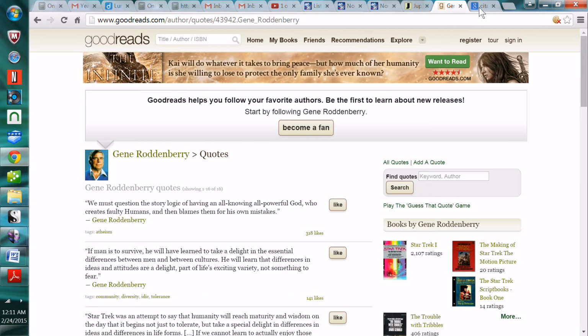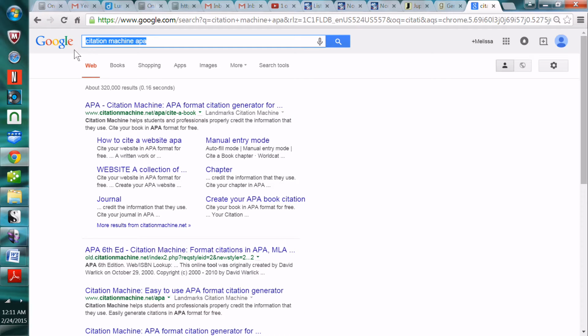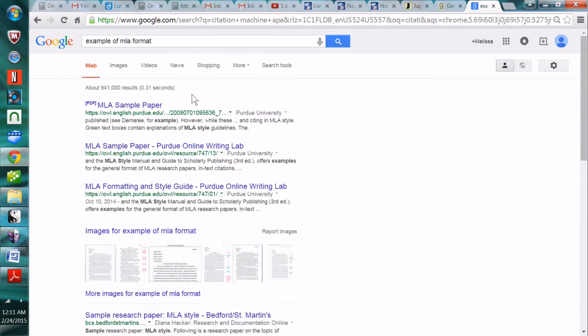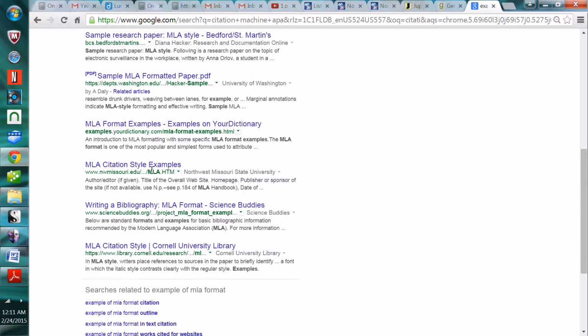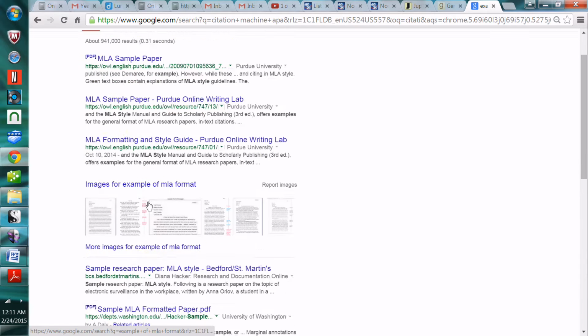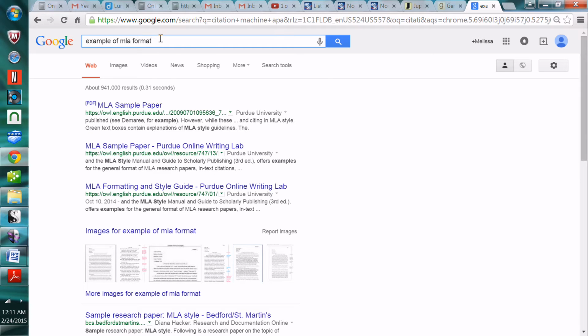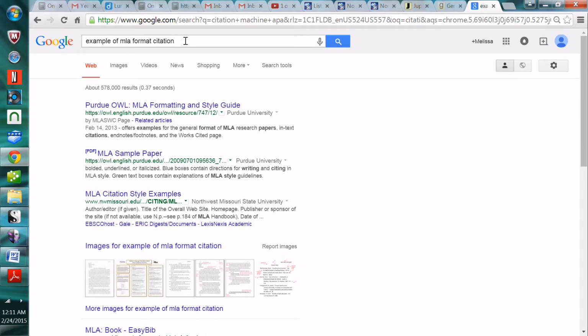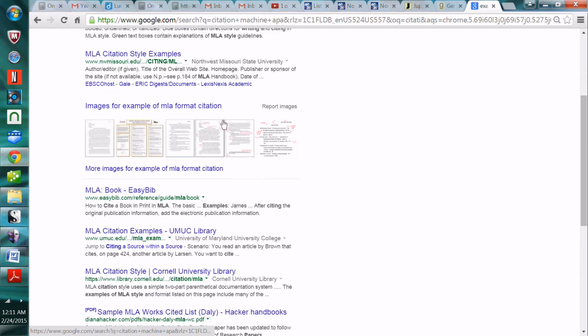And I wanted to look up examples of MLA style. I had a good one that I liked. Maybe it's... I don't think it's any of those.